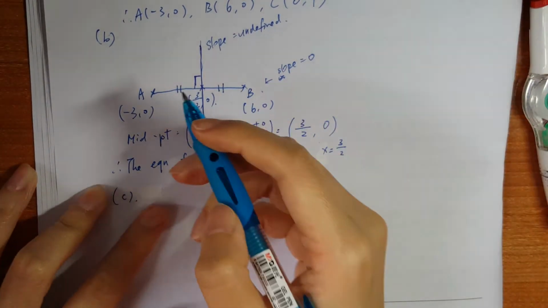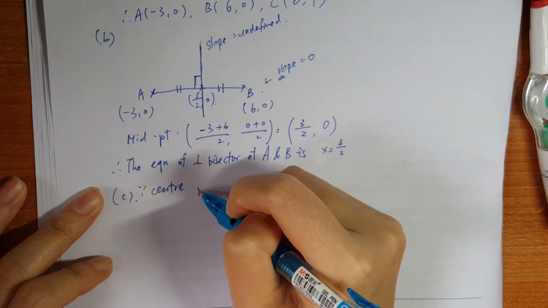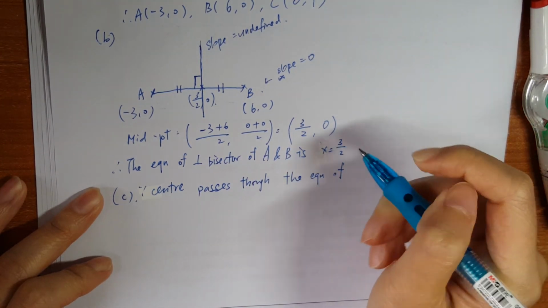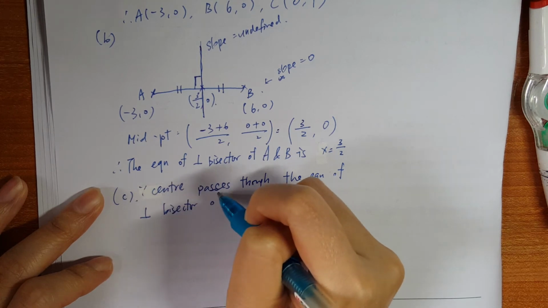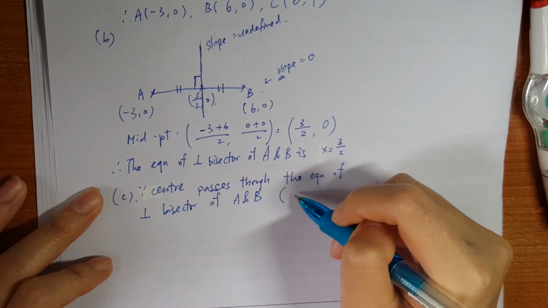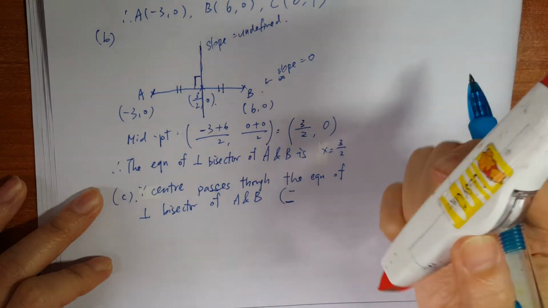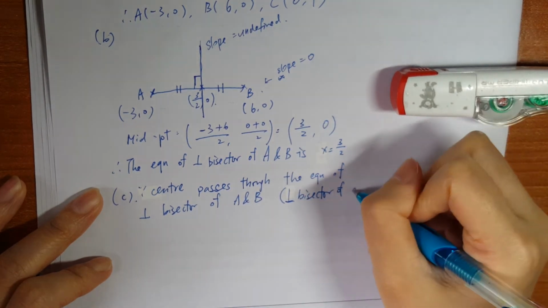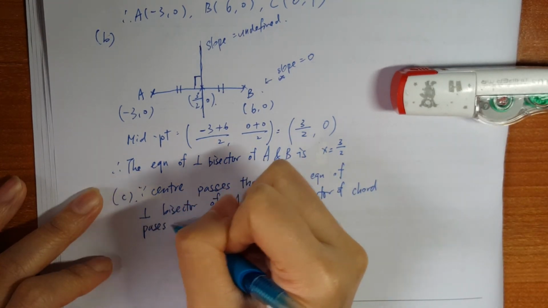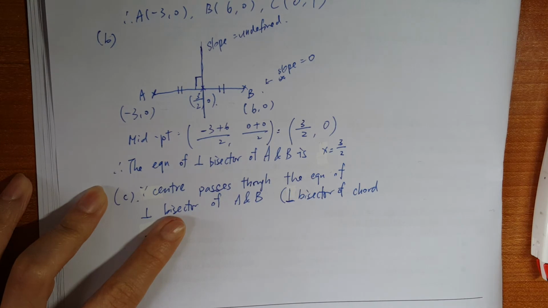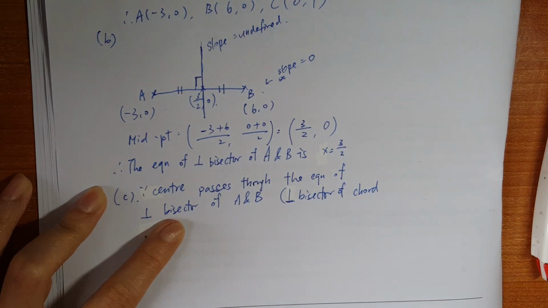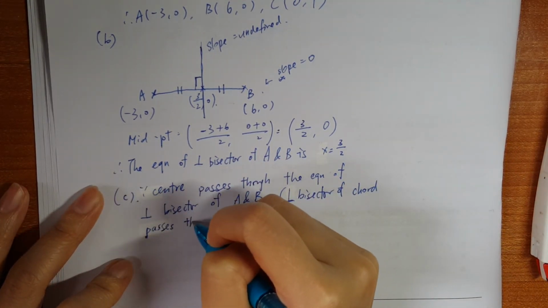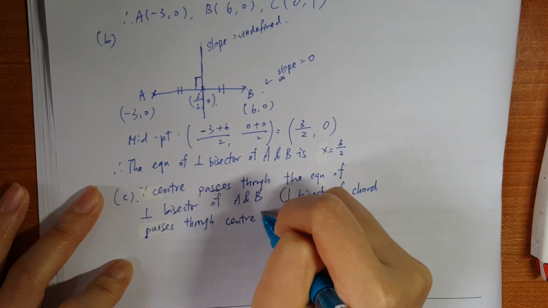So maybe I will just write down one sentence to explain why. So the center passes through the equation of the perpendicular bisector of A and B. The reason is perpendicular bisector of chord passes through center.